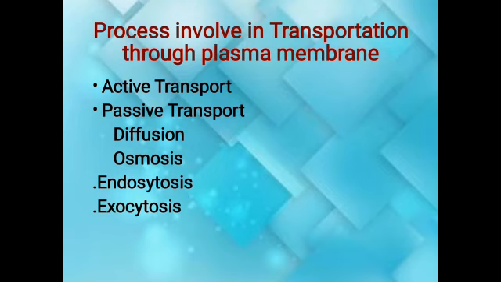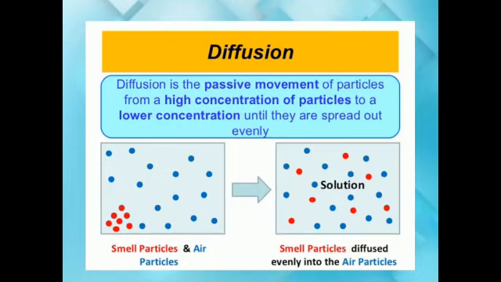So, let's begin with diffusion. Diffusion is the movement of molecules from the region of its higher concentration to the region of its lower concentration. Diffusion occurs spontaneously and no extra energy is required to bring it about.